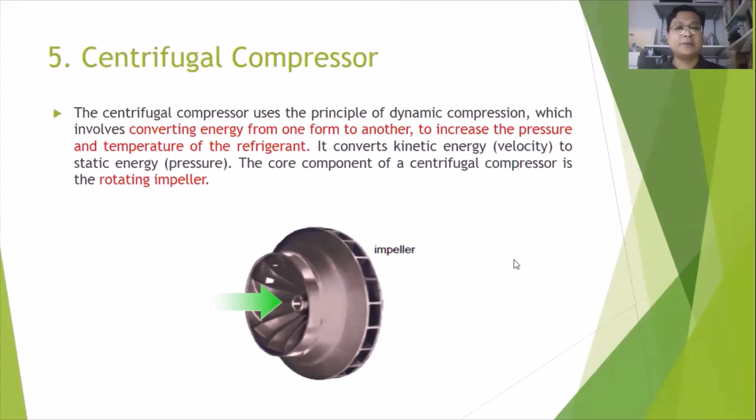So that's why we call it centrifugal: the inlet comes in the direction of what we call the shaft, the same direction as the shaft, and then the outlet is through the radial direction.